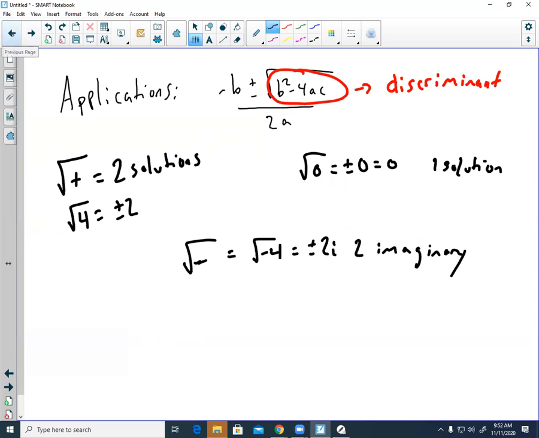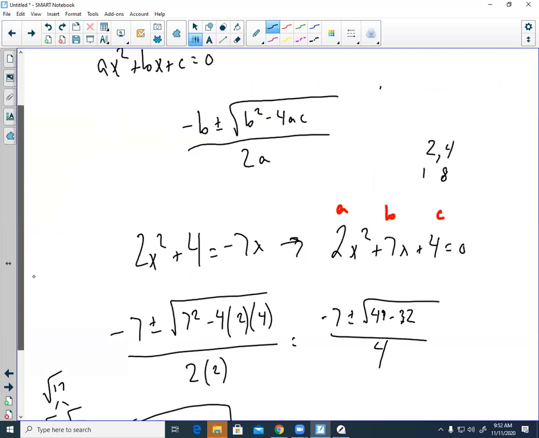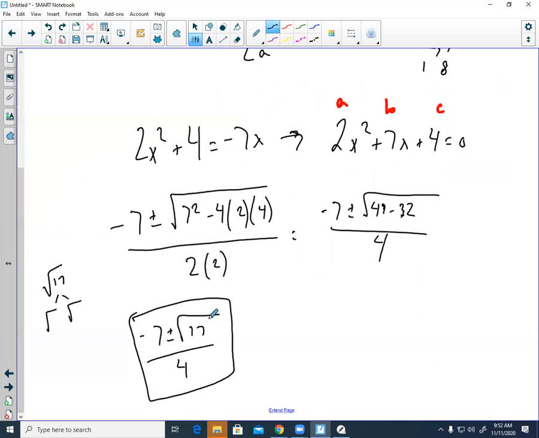If we go back and look at the exact same thing that just happened here, I still have two solutions here. The square root of 17 is a number. Whatever that number is, the square root of 17 is about 4.1. So this is saying negative 7 plus 4.1 divided by 4, or negative 7 minus 4.1 divided by 4.